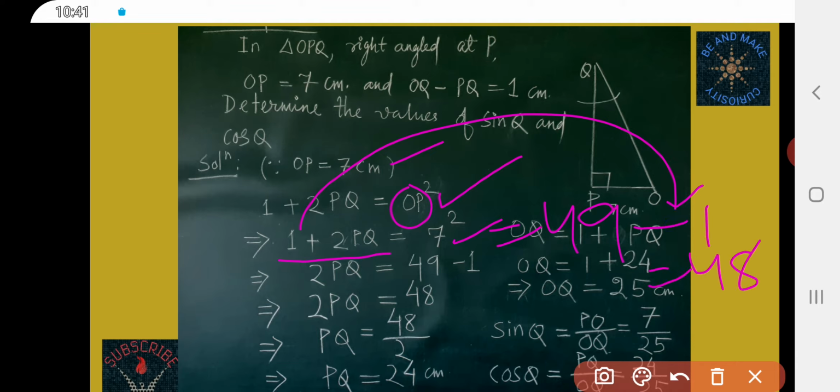Okay, so 2PQ is equal to 49 minus 1 and 2PQ is equal to 48 and PQ is equal to 48 by 2. Okay, you take 2 right side, so 48 by 2, so PQ is equal to 24 centimeter.